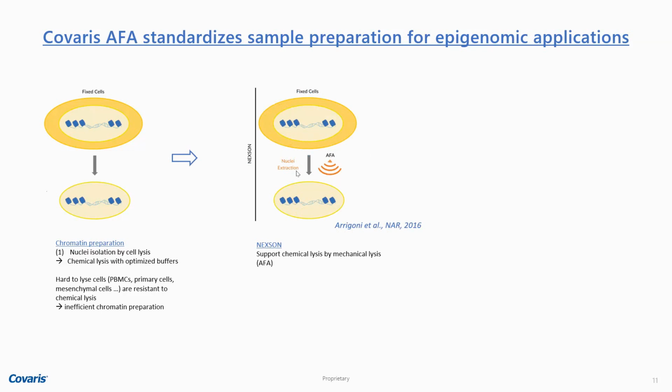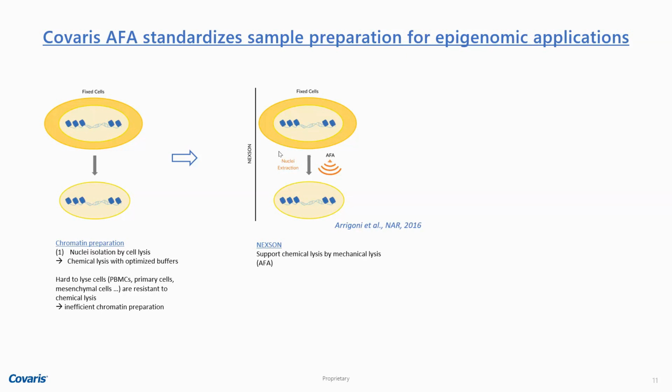They put the reaction into a Covaris tube, put it in our ultrasonicators and apply AFA. For most cell types, this needs around 60 to 90 seconds. However, for T cells, for example, you require around 5 minutes of AFA to get 80% of cell nuclei extracted, and these are cell types that a lot of people struggle with using chemical lysis only.